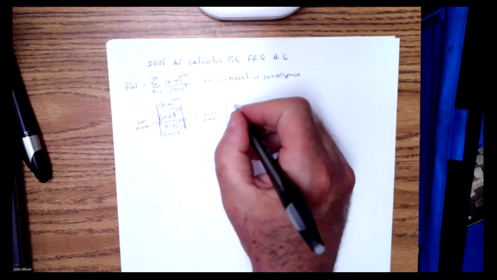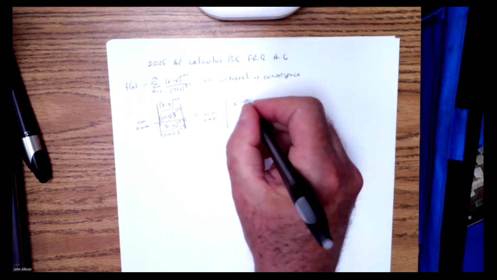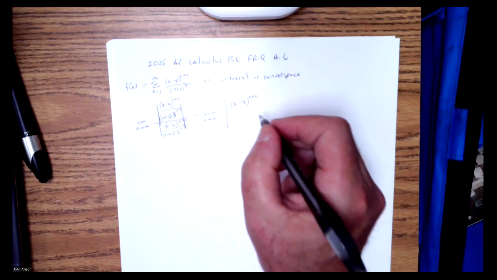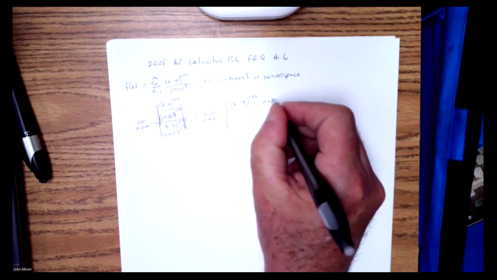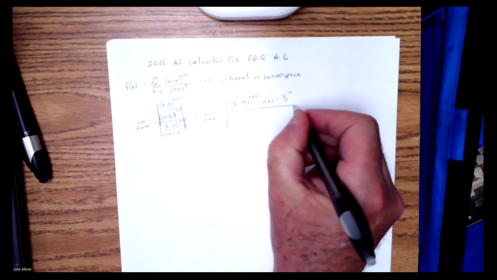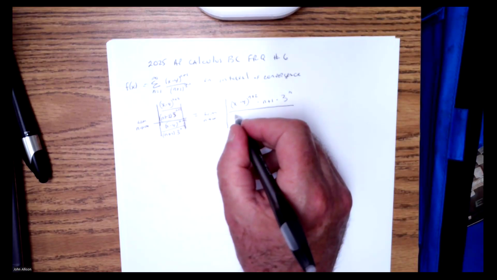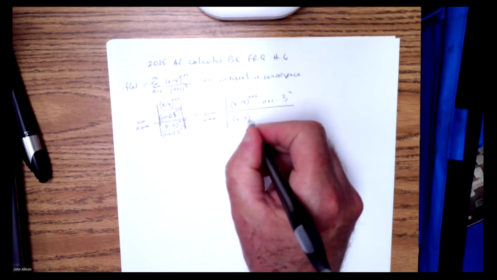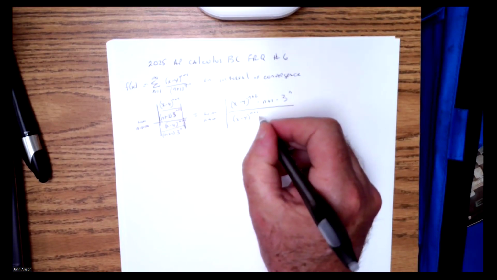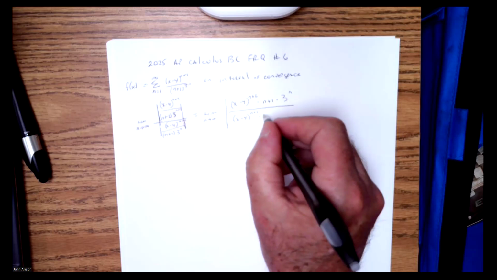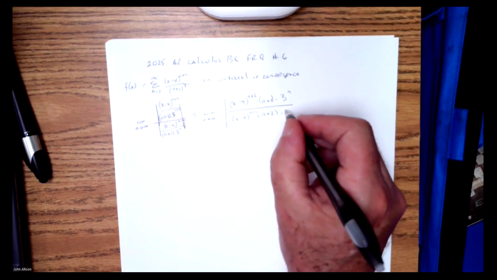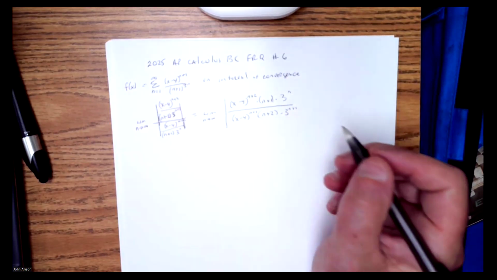Let's do that again. x minus 4 to the n plus 2 times n plus 1 times 3 to the n over x minus 4 to the n plus 1 times n plus 2 times 3 to the n plus 1.